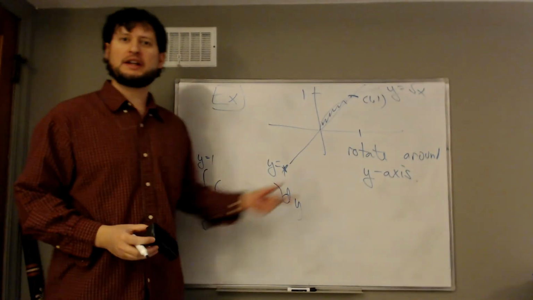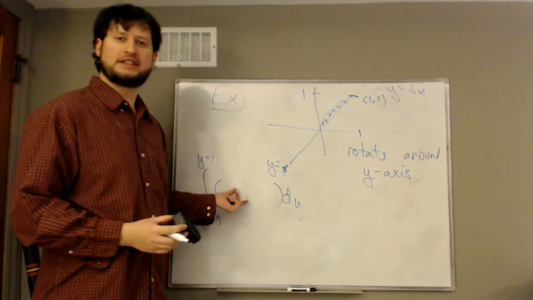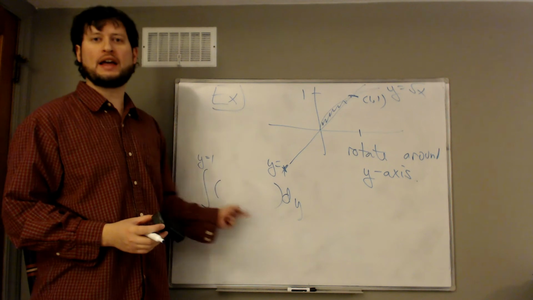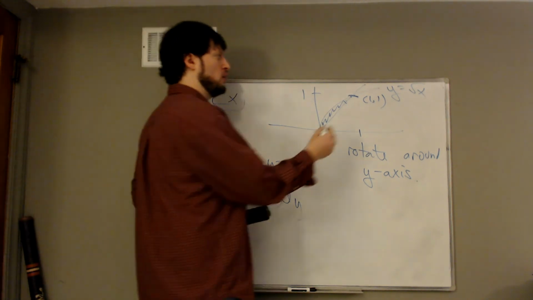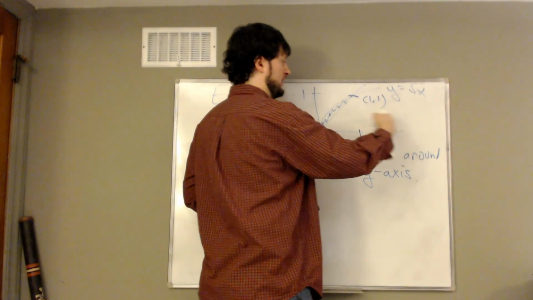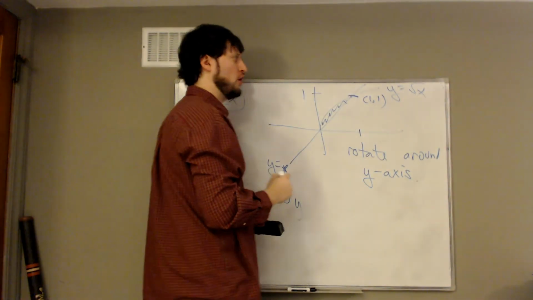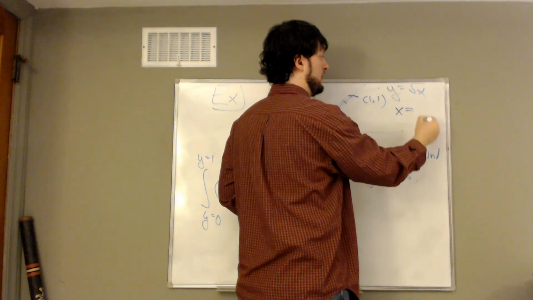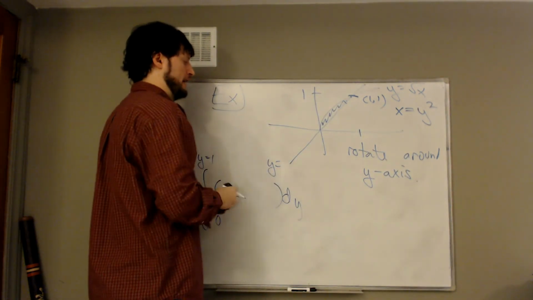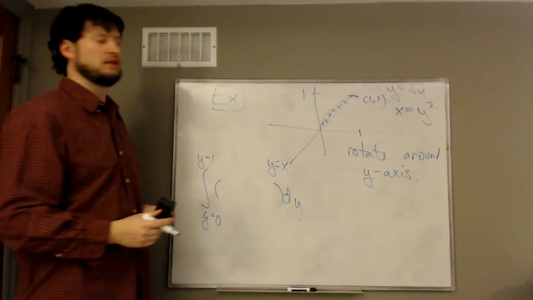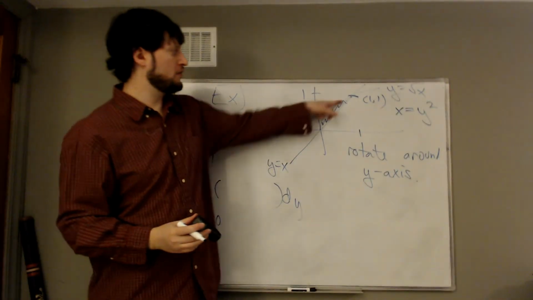But when we integrated dx, we had x inside, which means I need to have y inside as well. Y is my variable. So in this case, I need to take both of my curves and solve for x instead. This becomes x is y squared, and this becomes x is y. Now, which curve is the top curve?